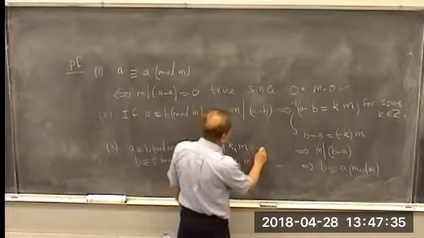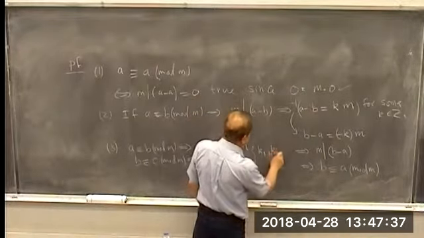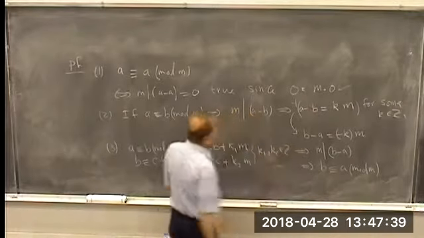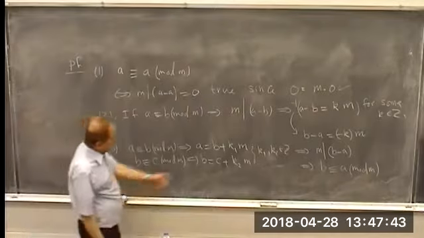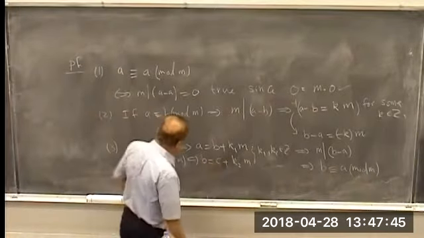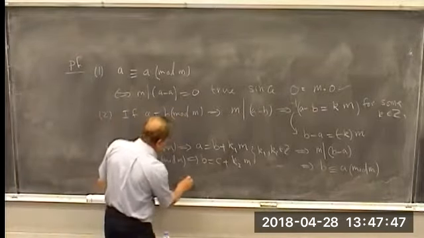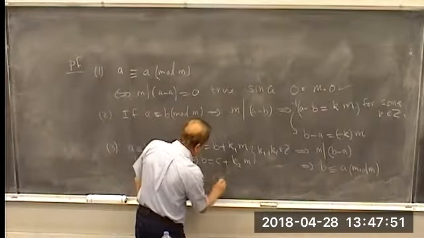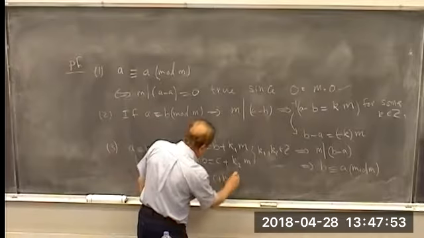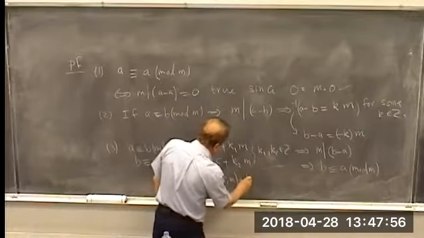Now the K1 and the K2 in here are in Z, for some K1, K2 in Z. Now I can substitute for the B from the second equation in the first. So this implies that A is equal to C plus K2M plus K1M.